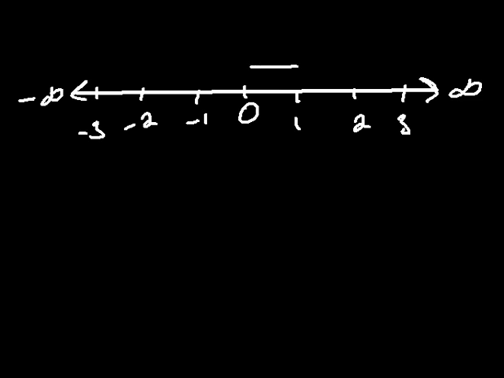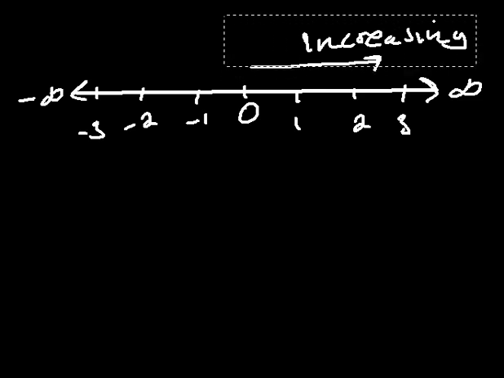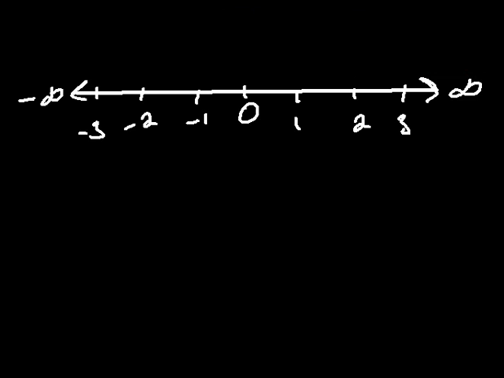So from 0 towards positive infinity, the numbers increase. Likewise, from 0 to negative infinity, the numbers keep on decreasing. So here are the relationships that you have to understand about the numbers on the number line.